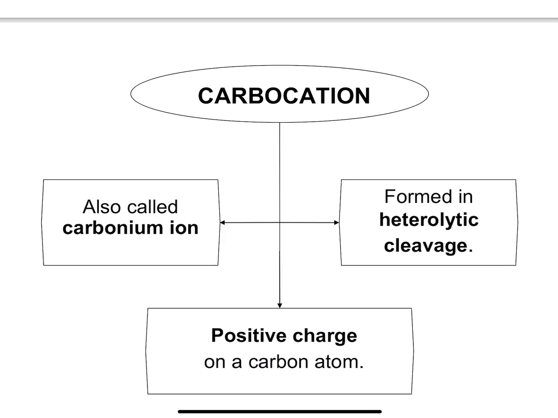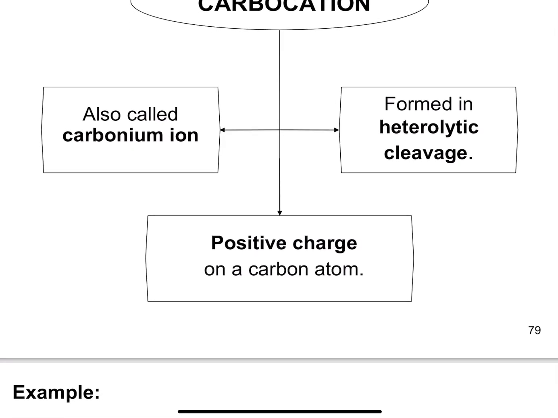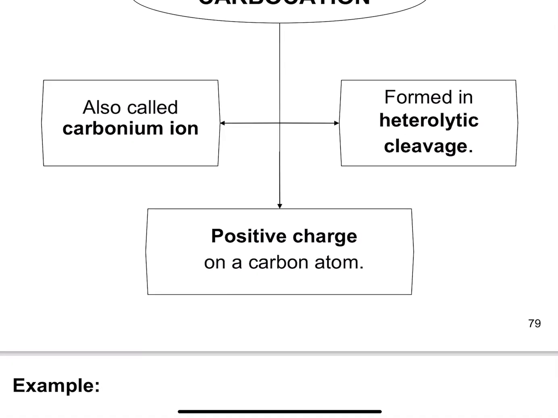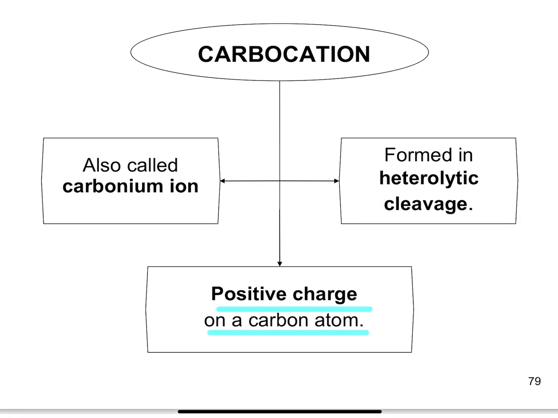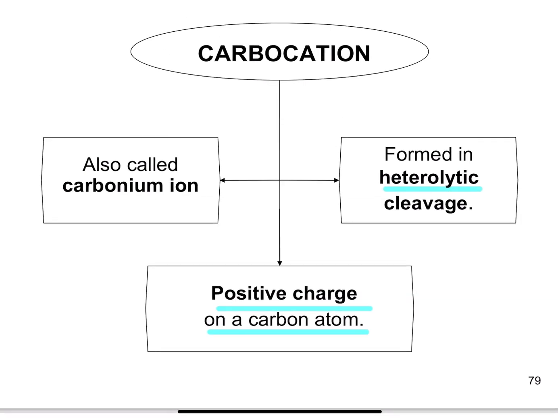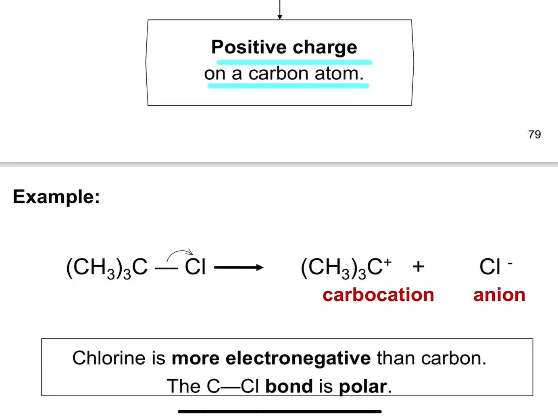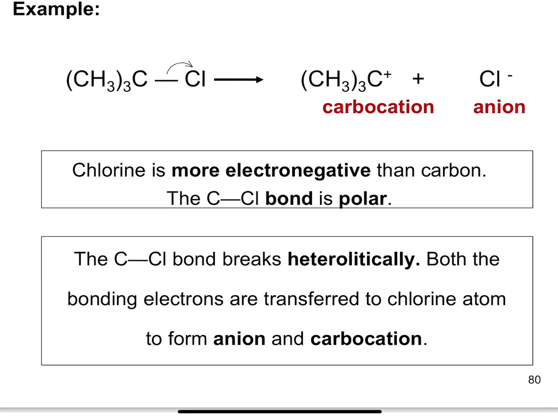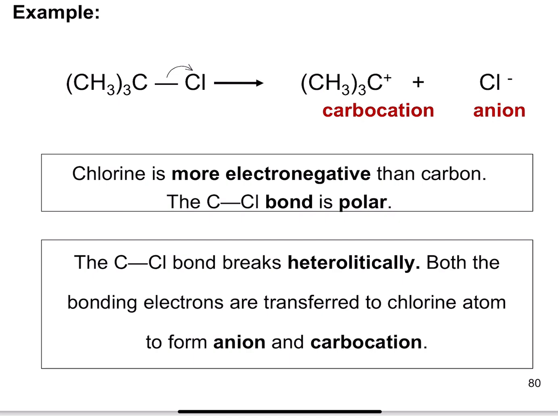Right, next. So carbocation, the conclusion is a positive charge on the carbon atom. We form this, remember, cations and anions we can only form through heterolytic cleavage. So for example, we have it over here. This is the explanation for this example. As you can see, carbon is attached to a very electronegative atom, which is chlorine.